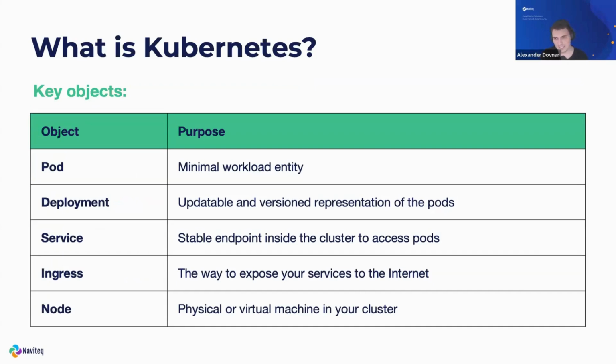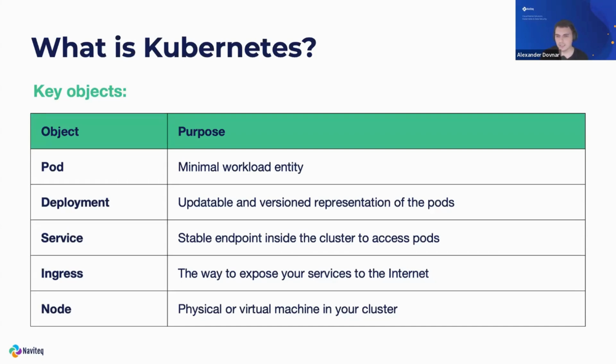A Kubernetes Service gives a stable internal endpoint address, which can be used by applications or integrations within the cluster to access this group of pods. Ingress objects expose something to the world, and nodes of Kubernetes are physical or virtual infrastructure pieces, which provide Kubernetes some resources which you can use to schedule your workloads on.